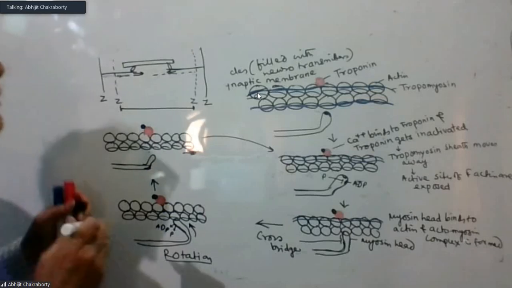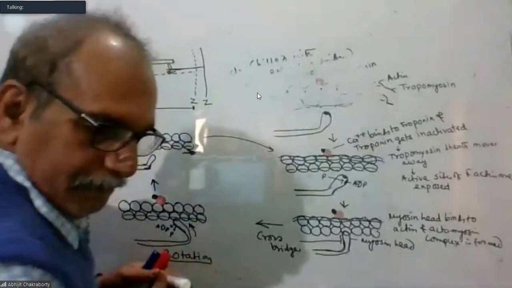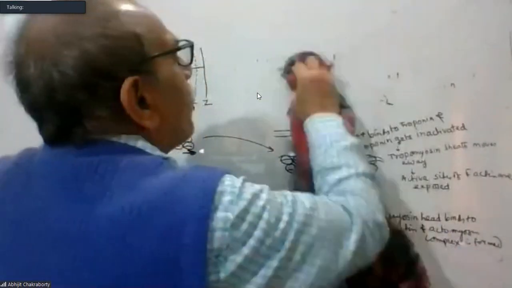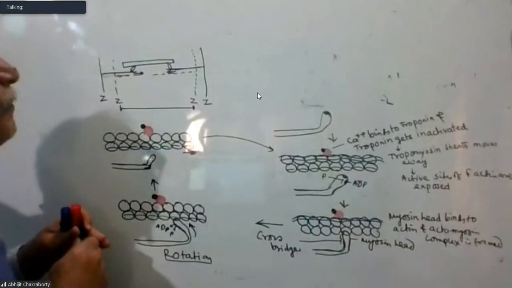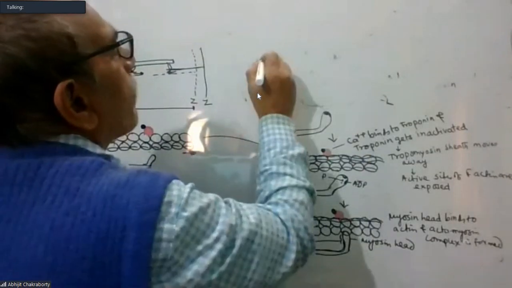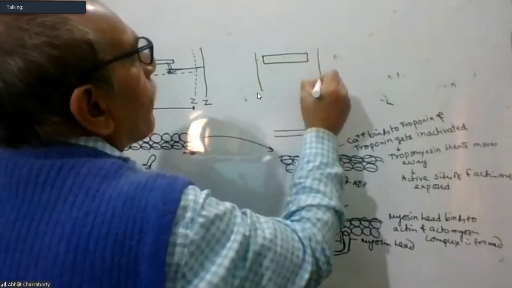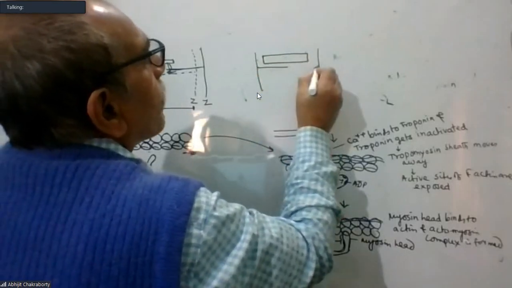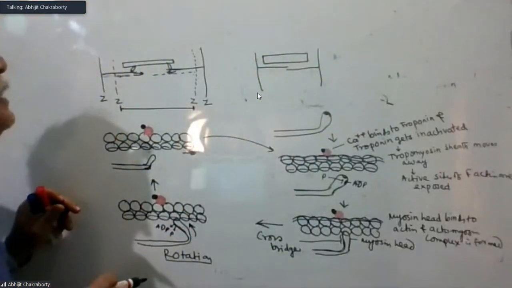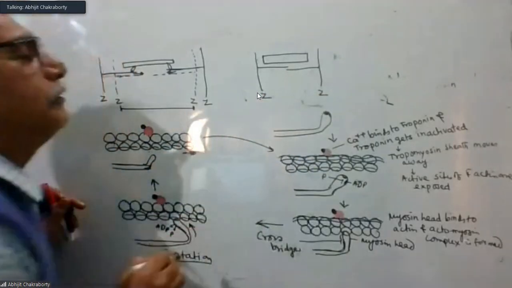And one time will come whenever it appears like this, there is no existence of H line. Then you can call it the muscle is contracted.